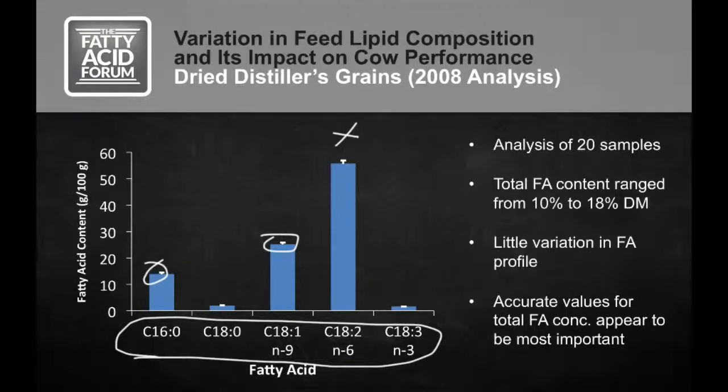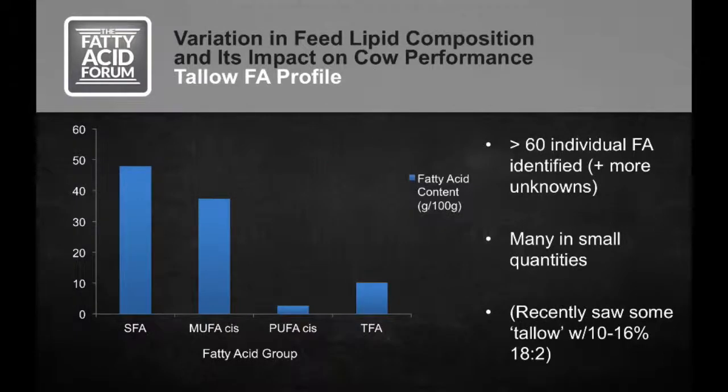Second example I wanted to look at was tallow, and in this case I just wanted to highlight from some recent analysis we've done, to remind people that tallow is really not just a saturated fat source.